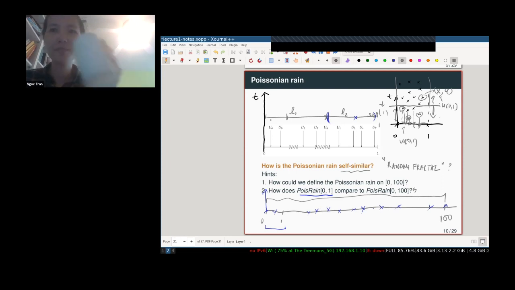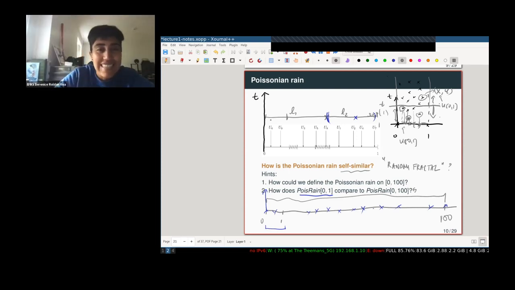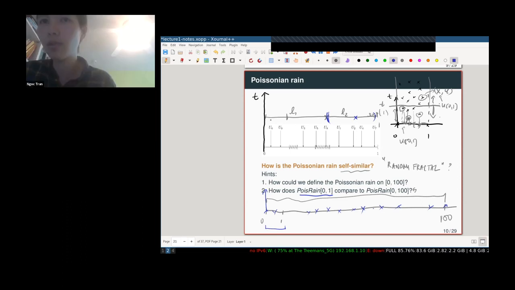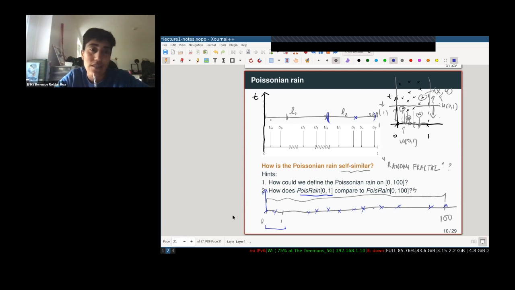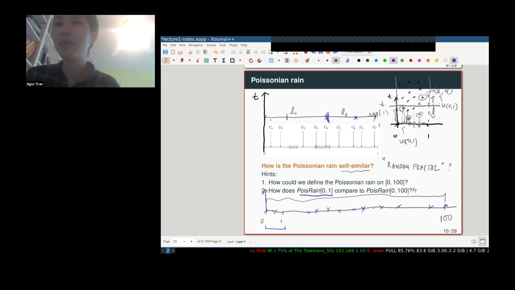Something science fictional? If we could speed up time or slow down time, perhaps it would look the same. Exactly, that's it. You can speed time up 100 times or slow it down 100 times. Excellent, that's exactly it.